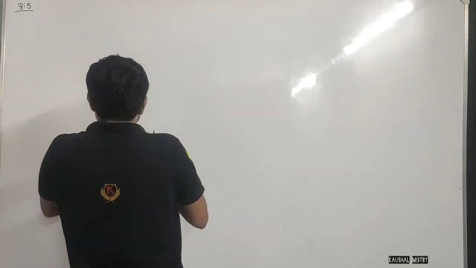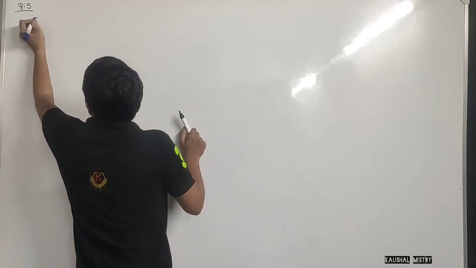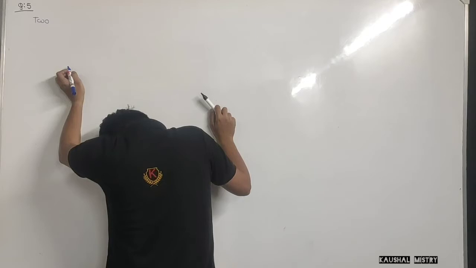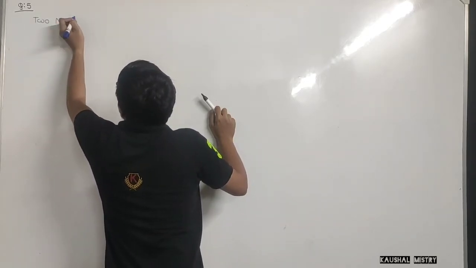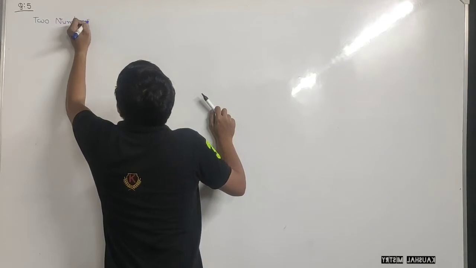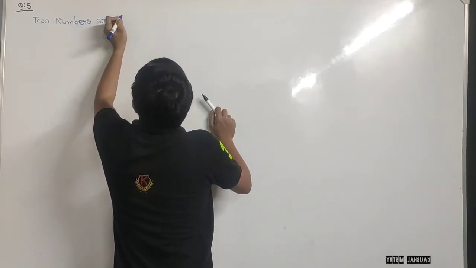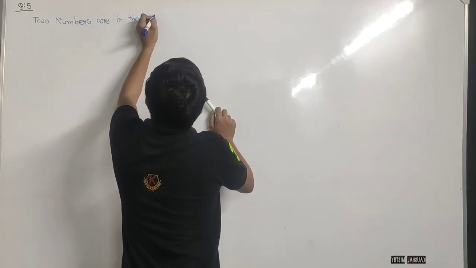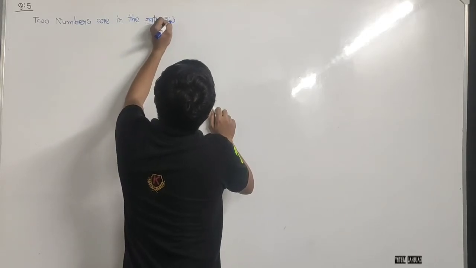So here two numbers are in the ratio 5:3.